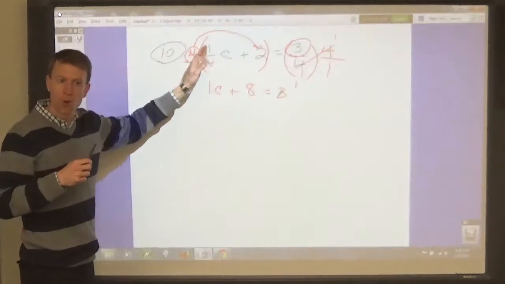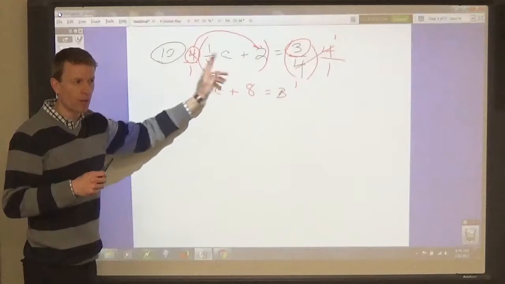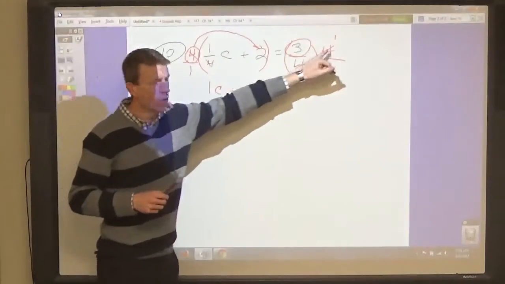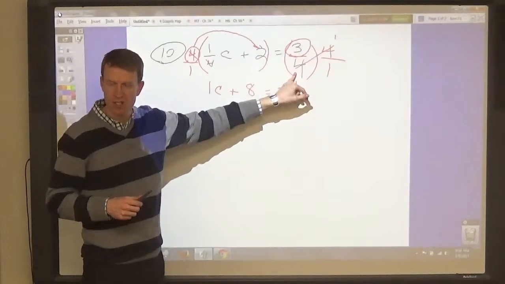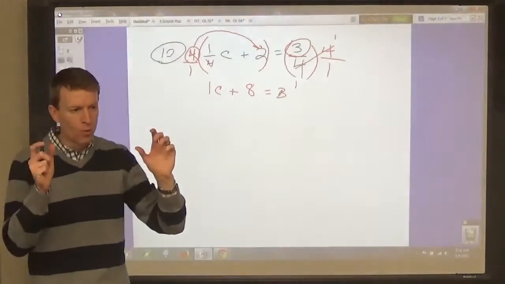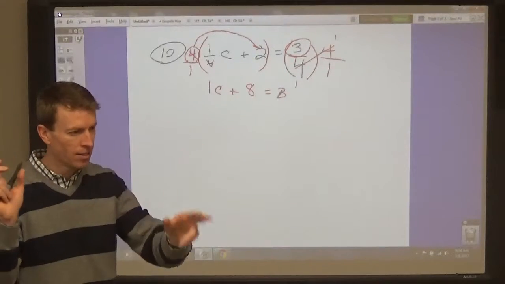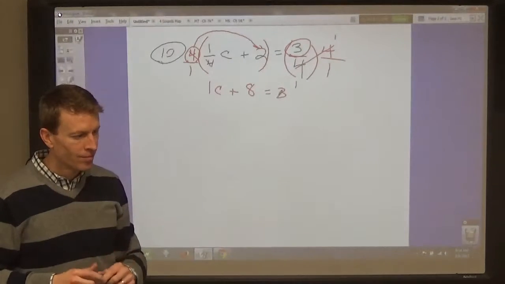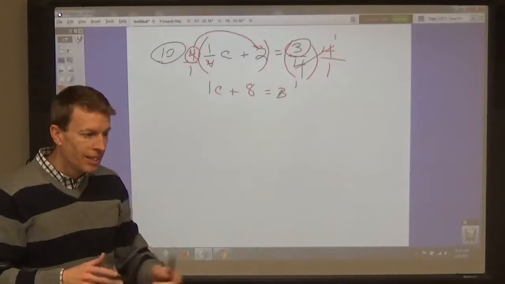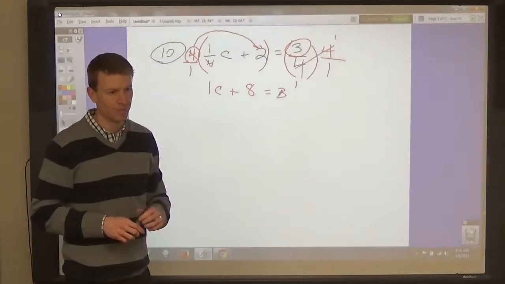So you multiply 4 times this side by multiplying the number outside the parentheses, and then multiply 4 times 3/4. Now, why can you multiply on both sides? Because, well, there's two different answers. One, you have to do the same thing to the same side. Exactly. And then two, multiply because they both have the top and the bottom.